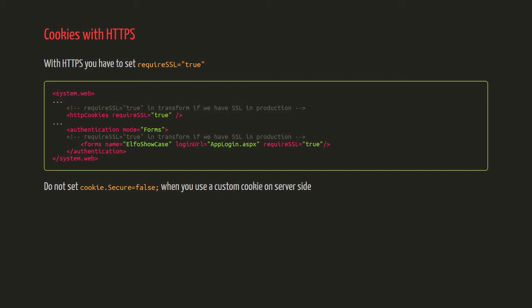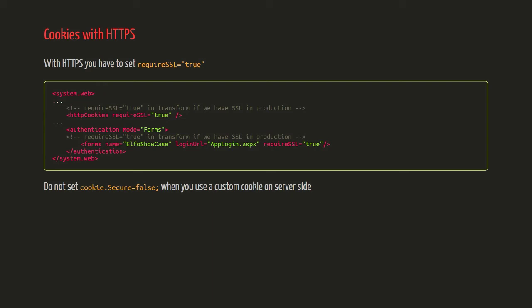This is especially important if the cookie contains private data or carries a session identifier, for example. During development, you don't have to set the required SSL to true because there is no certificate, but only in production environments.